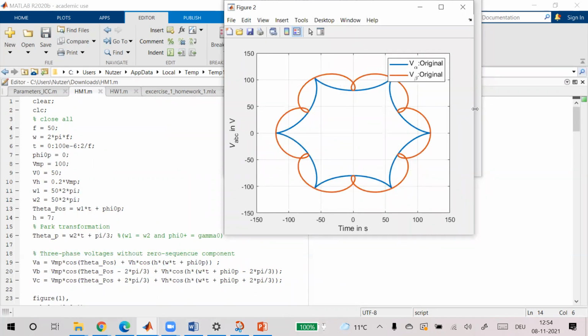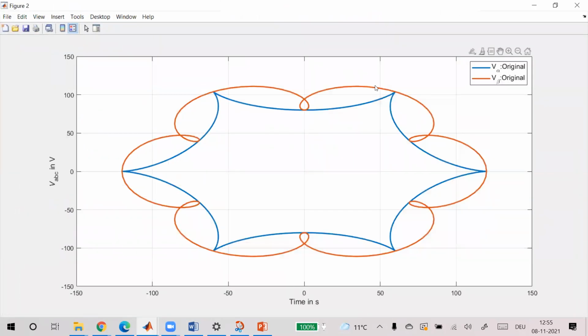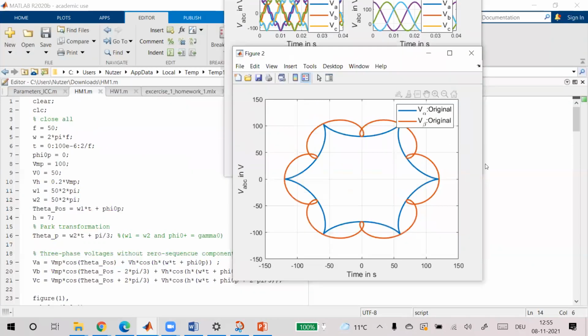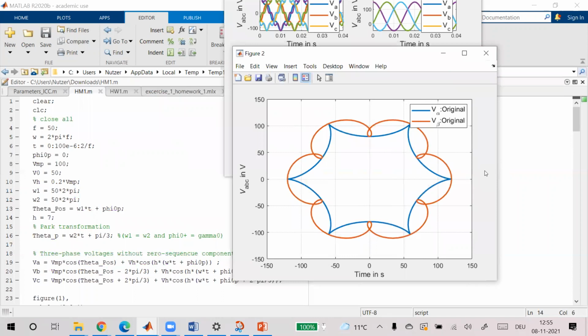Interesting. But the thing is, it again has the 6 edges, right? Can you count? One, 2, 3, 4, 5, 6.